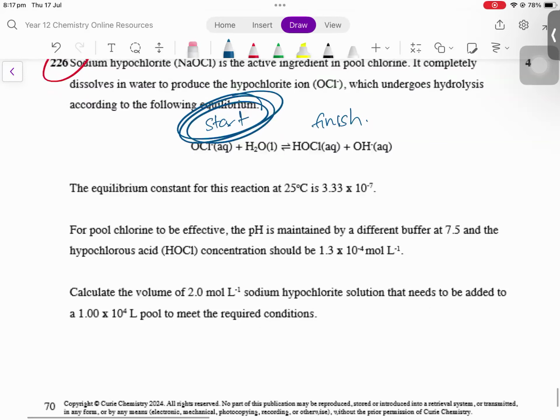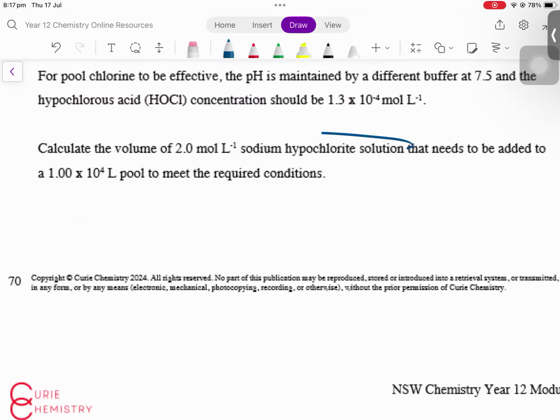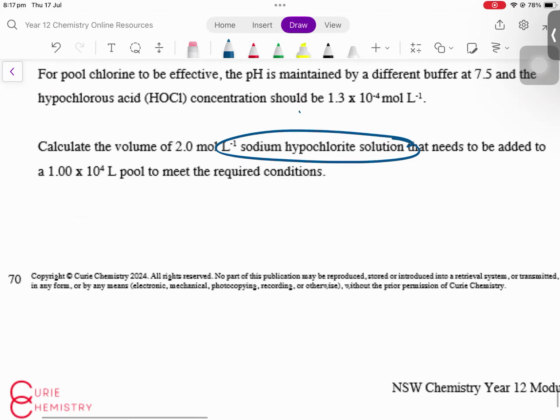In this case, you're adding sodium hypochlorite into the pool. Sodium hypochlorite is what you're starting off with. You write the equation in terms of the hypochlorite. Sodium's just there, the acidic or basic component is the OCl. So you're writing the equation in terms of the OCl.